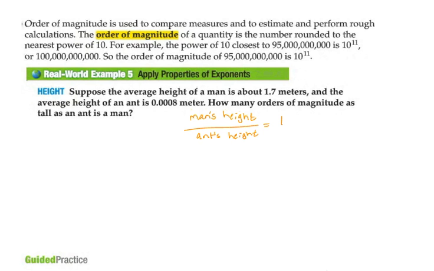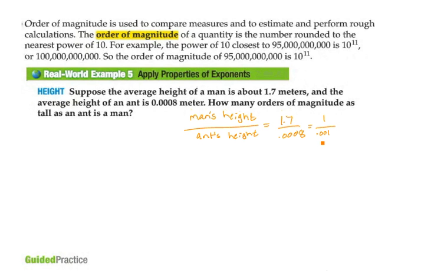Okay, so we are comparing 1.7 to 0.008, but again, when we are dealing with orders of magnitude, we want to figure out what power of 10 this is the closest to. This is closest to 1. Okay, what is this closest to? This is actually closest to 1/1000th.